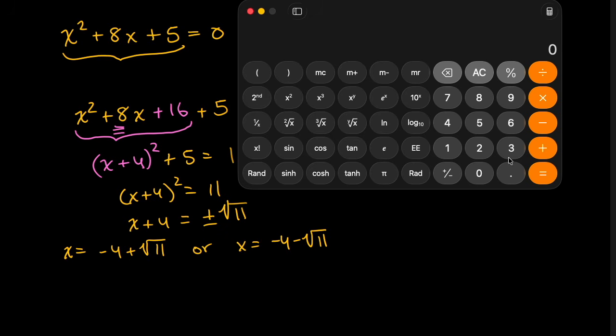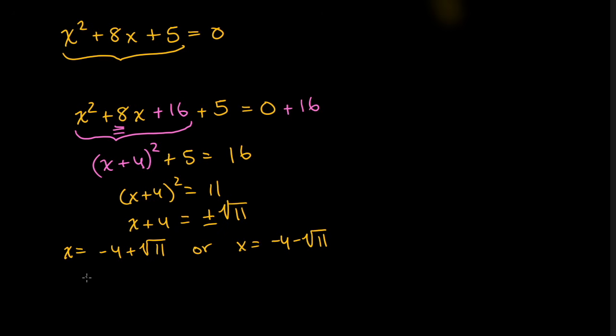So if I have negative 4 plus the square root of 11, I guess I'll close that parentheses there. That gets me to, if I round to 3 decimal places, this is approximately equal to negative 0.683.